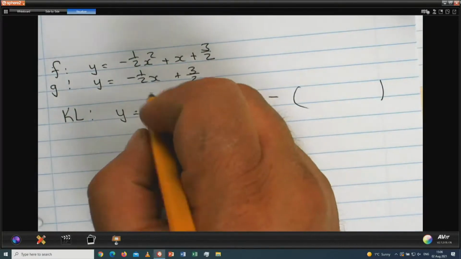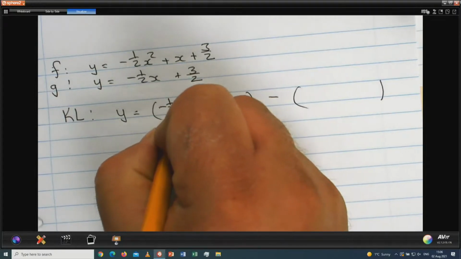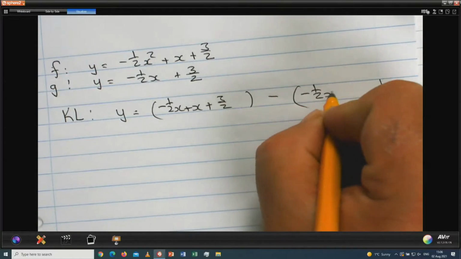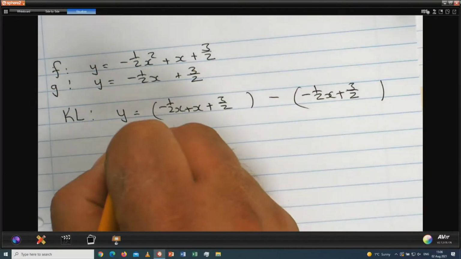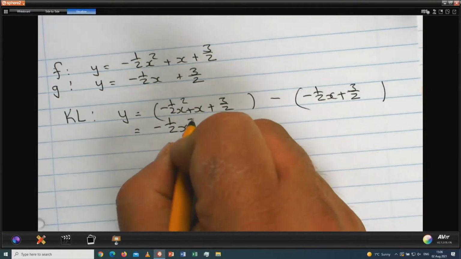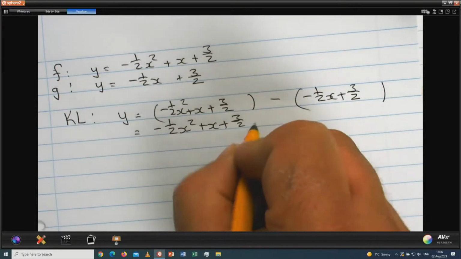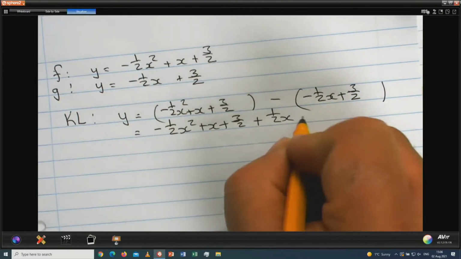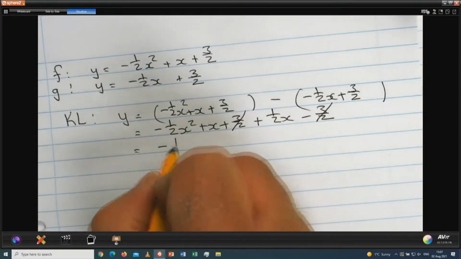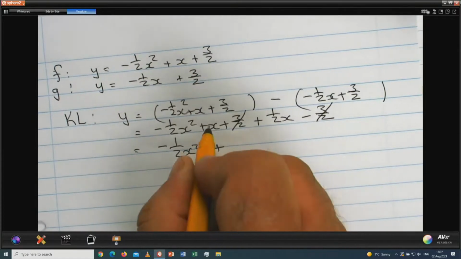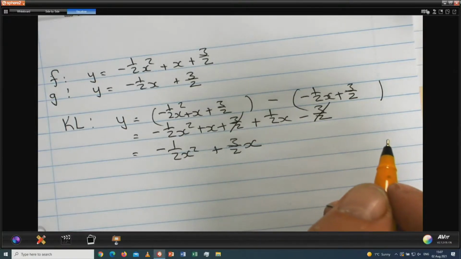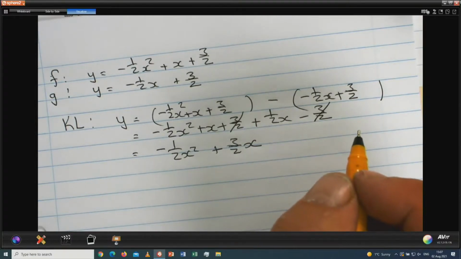So here we can say it is the parabola minus the straight line, which is equal to negative a half x squared plus x plus 3 over 2 plus a half x minus 3 over 2. Correct. That cancels out, and this gives you negative a half x squared plus 1.5, which is 3 over 2 x. So this is basically your equation.